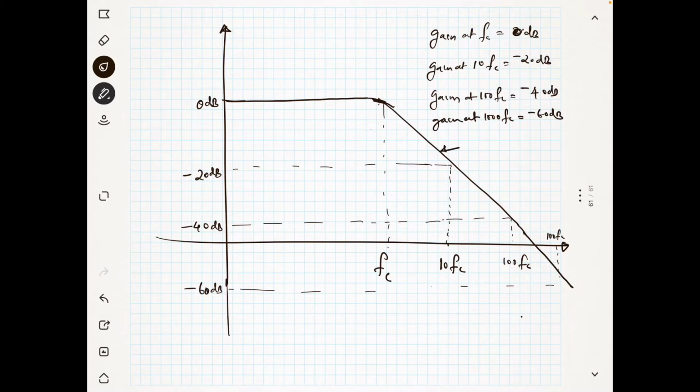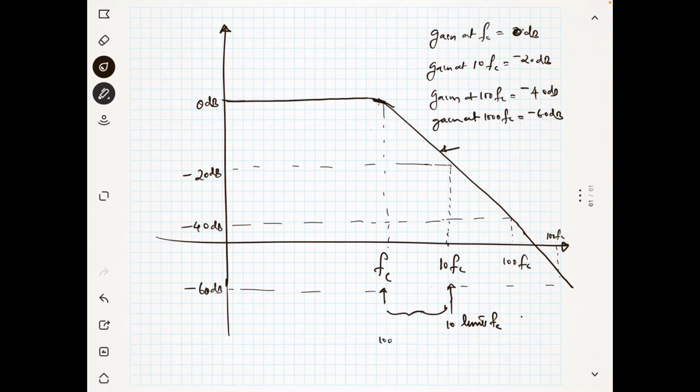If you consider this is Fc, then this is 10 Fc, that means 10 times Fc. For example, if this is 10 hertz, then this becomes 100 hertz.